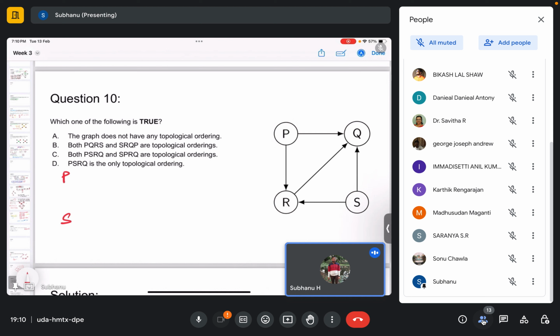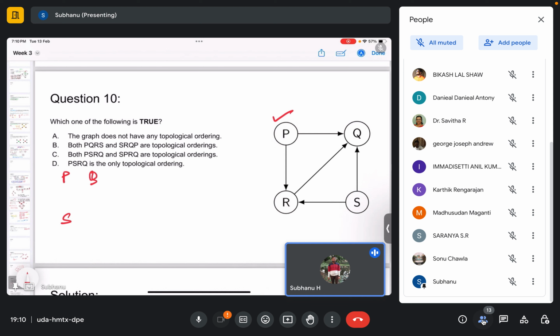So basically, you are starting from P. From P you can see Q. But before writing Q, you can see that R is there.